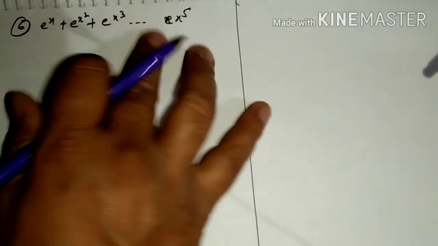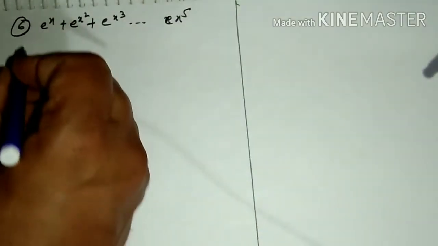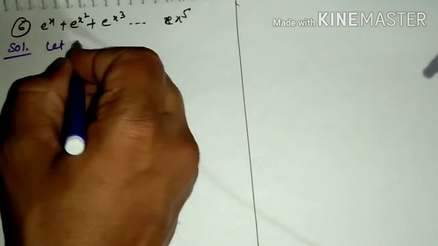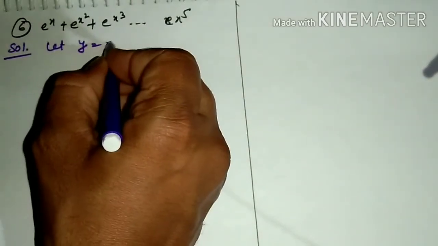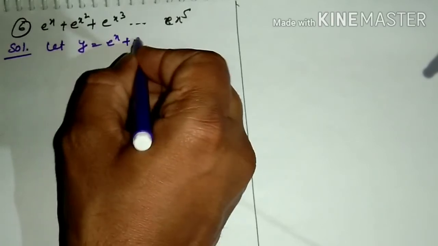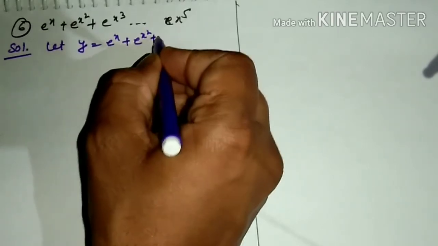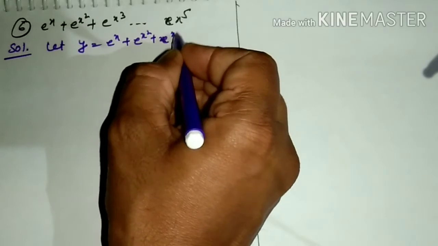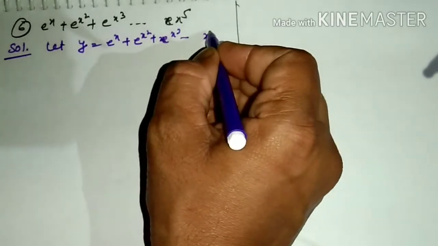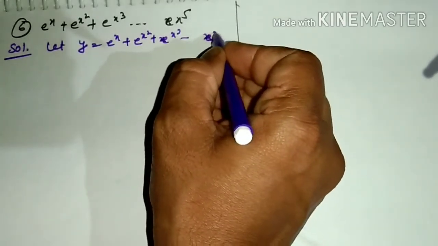Now next question, question number 6. e to the power x plus e to the power x square, e to the power x cube and so on, e to the power x to the power 5. Solution. Let again y is equal to e to the power x plus e to the power x square plus e to the power x cube and so on, e to the power x to the power 5.